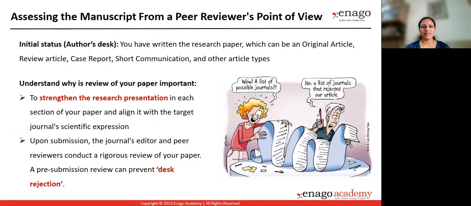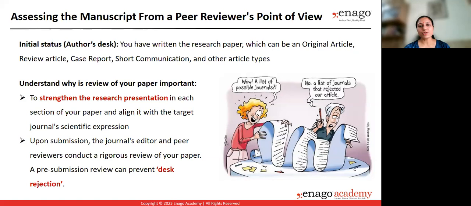Right, Gayatri. So this is where we come to understand why a peer review is important for the paper. The manuscript goes through several phases of refinement and adjustment as it adapts itself to a better version and gets ready for submission to the target journal.